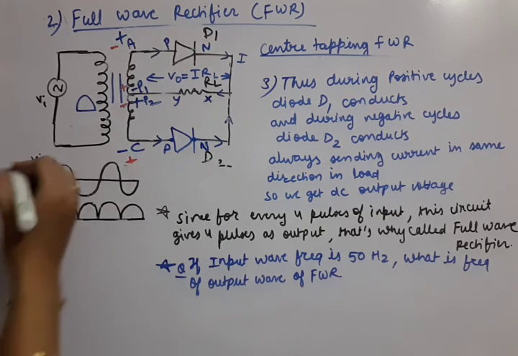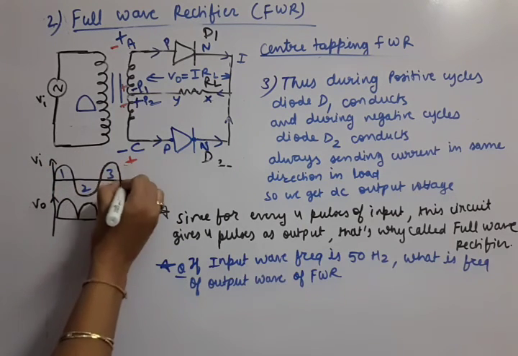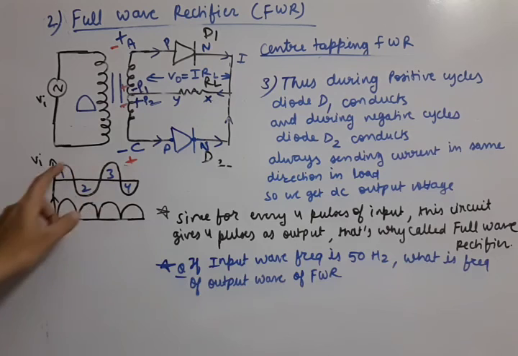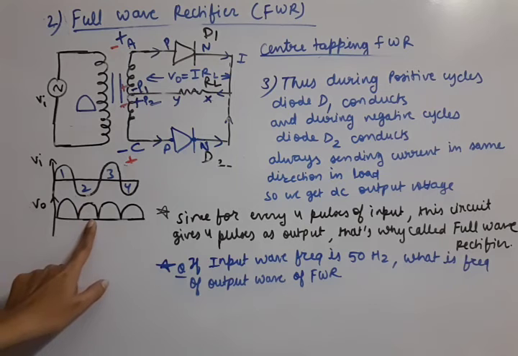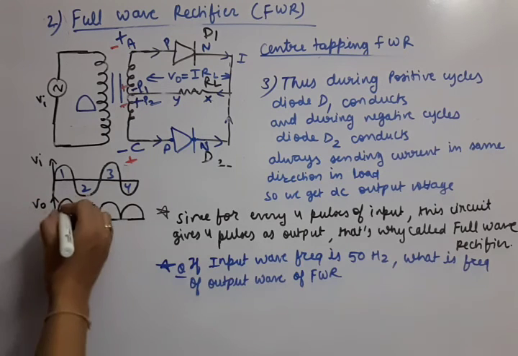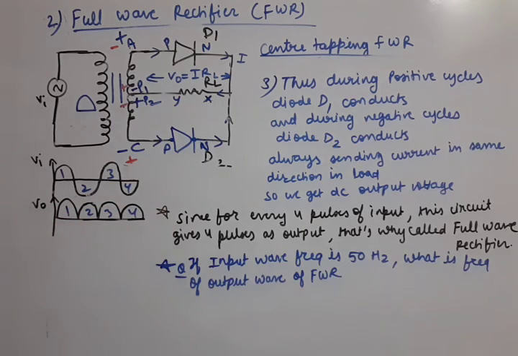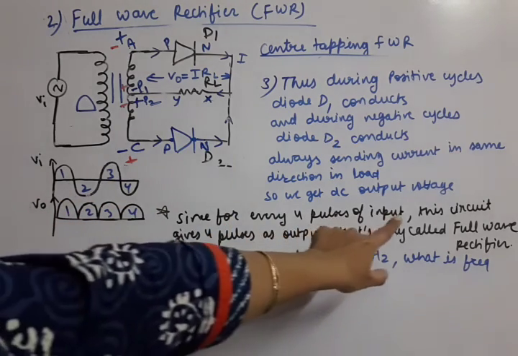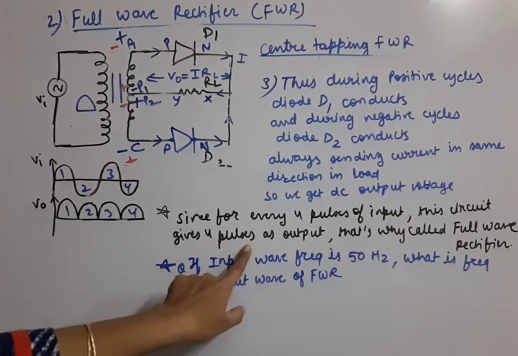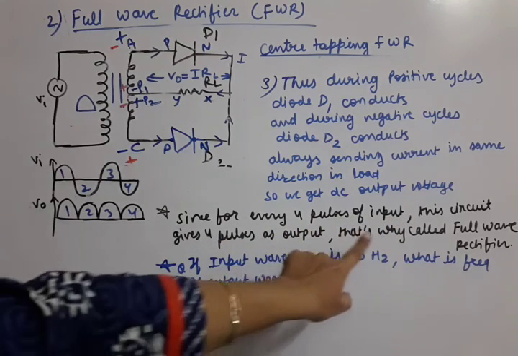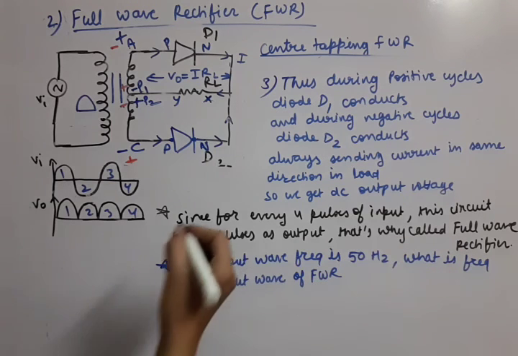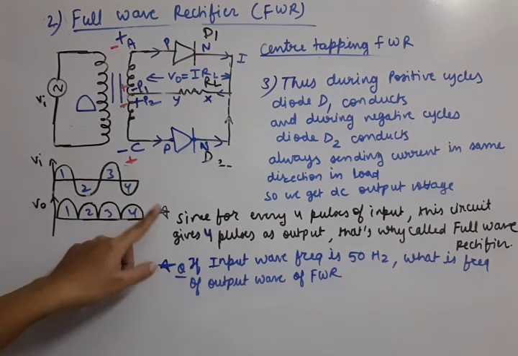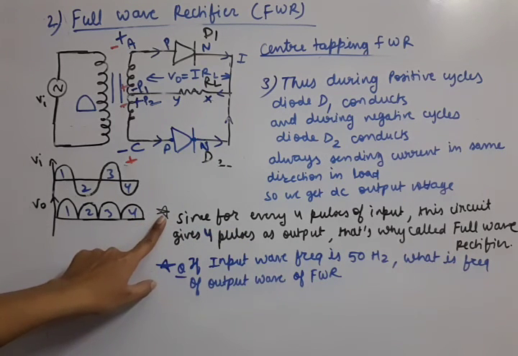Okay, so we can write it this way, that if we supplied 4 input pulses alternating 1, 2, 3, 4 pulses, then in the output also we are getting 4 pulses only. Okay, so since for every 4 pulses of input, this circuit gives 4 pulses as output, that's why it is called the full wave rectifier. Okay, so this is the first question, why it is called full wave rectifier.